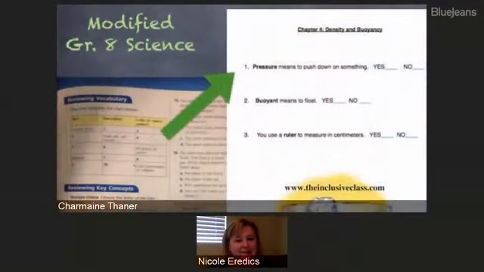Right. I had one more example from your blog post, and this was a modified 8th grade science assignment. Yeah, so this is an example of really just simplifying an activity that's already in the textbook. In this particular modified assignment, the teacher has recreated the assignment, just taken the chart there on the left side that the students are to fill out and broken it down into very simple yes/no questions, on a different sheet, but still the same concepts that are being provided to the students.